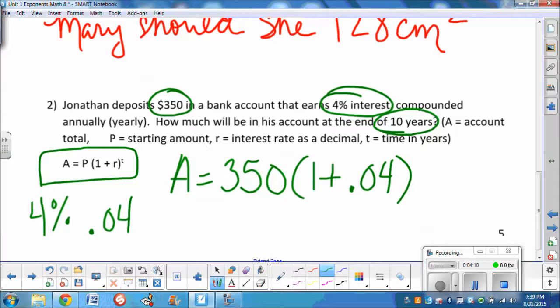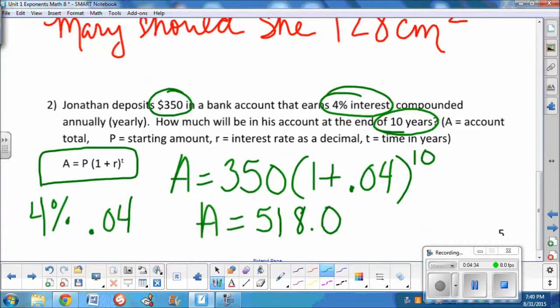And then raised to the t. That's going to be our time. So going to your calculator to do that calculation, to find out after 10 years, Jonathan is going to have $518.09. Okay. Go ahead, flip the page.